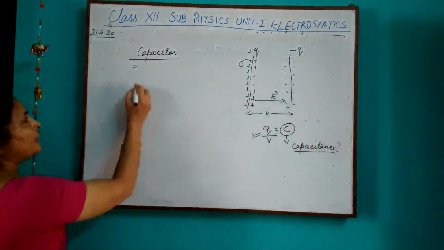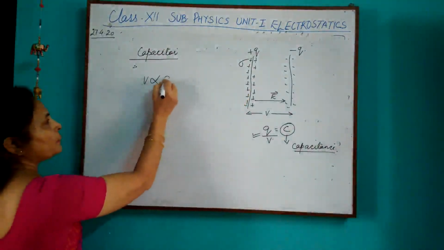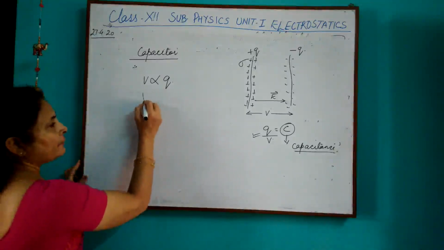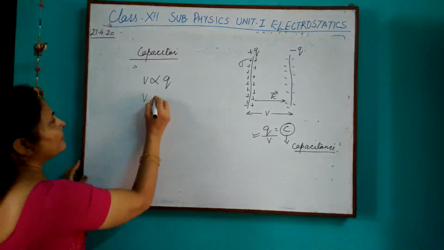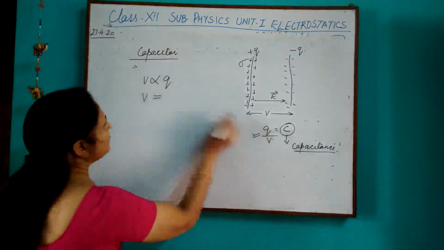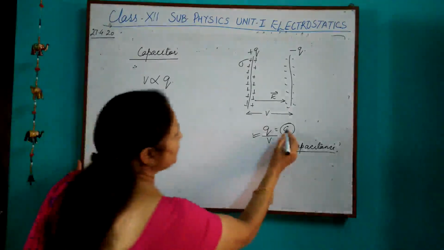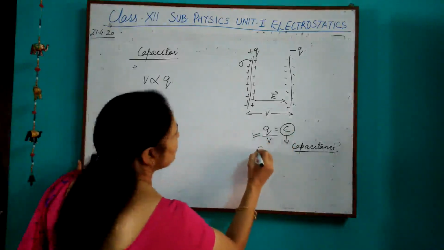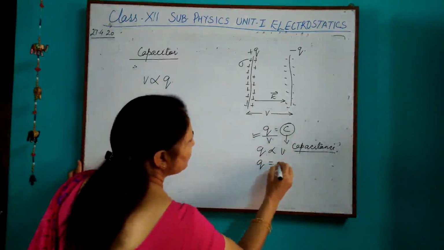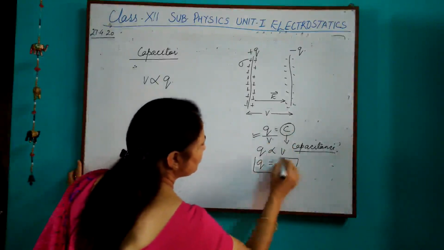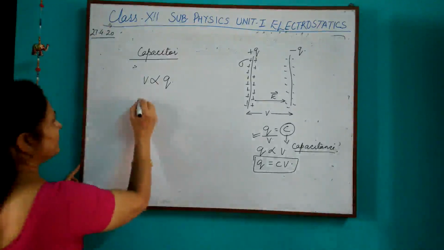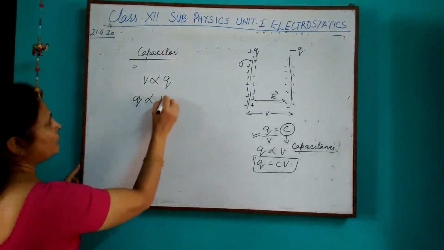That the potential difference created is directly proportional to Q. You can say it like this. Q is proportional to V, and Q equals CV.